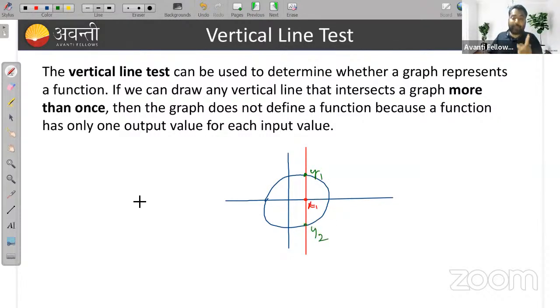So for one value of x, here I am getting f of x1 is equal to y1 and f of x1 is also y2.